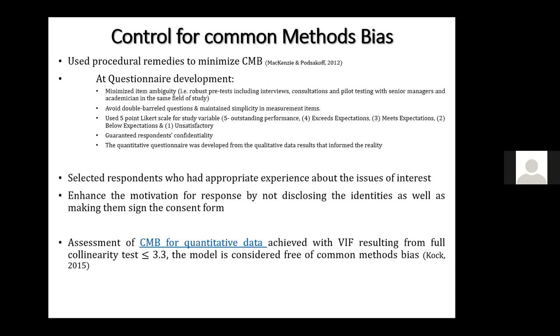We also avoided double-barreled questions and maintained simplicity in measurement items. We also used the 5-point Likert scale, where 5 was for outstanding performance and 1 was for unsatisfactory performance, and we guaranteed the respondents' confidentiality.